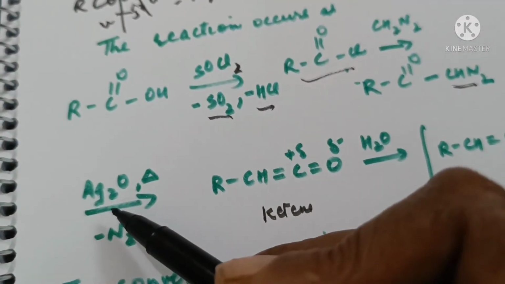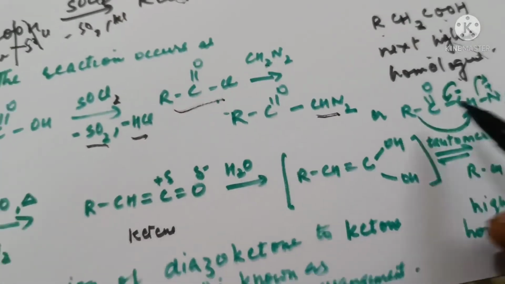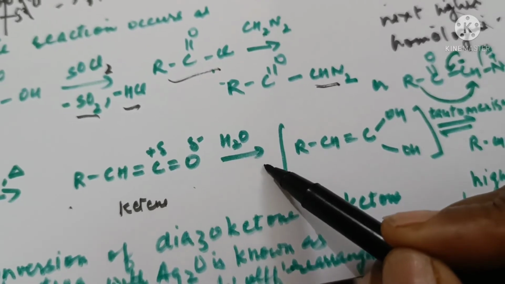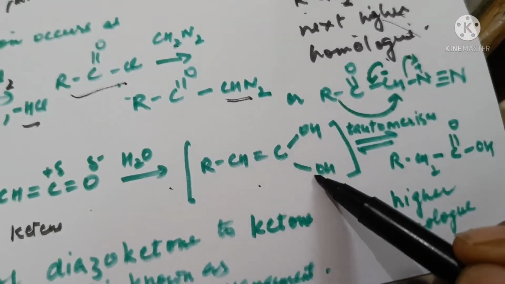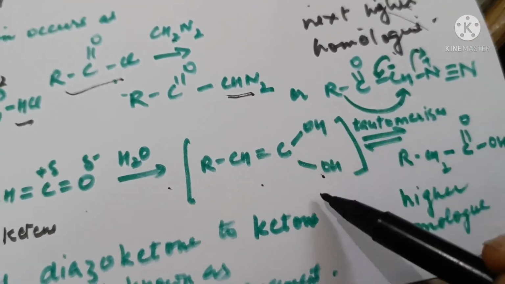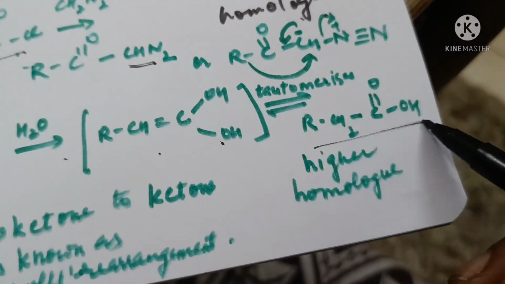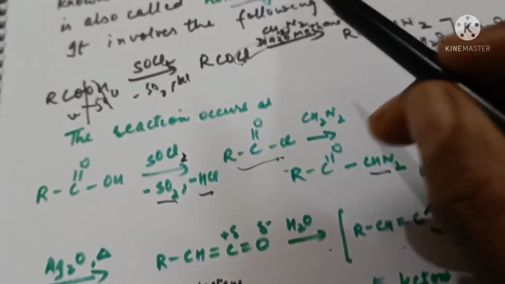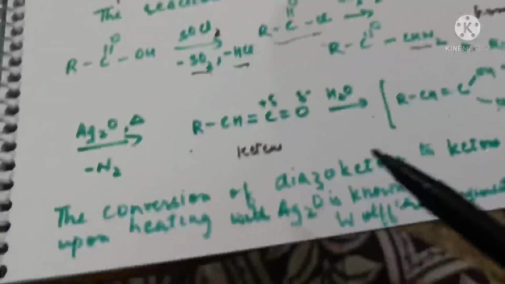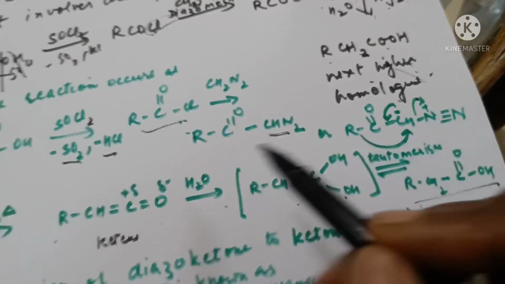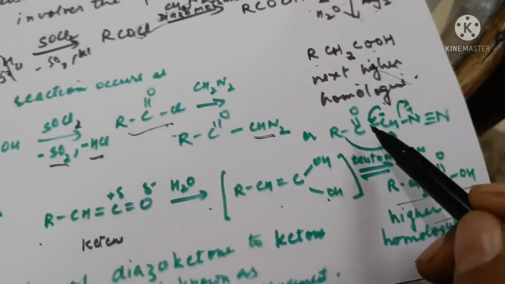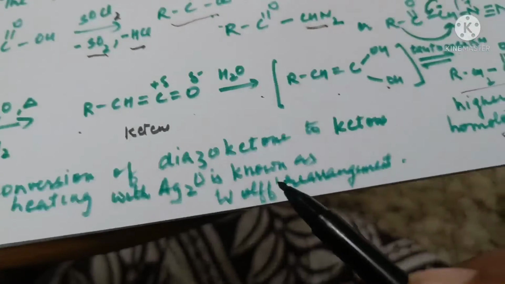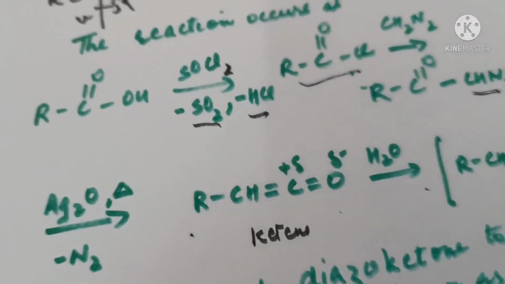This happens on reaction with silver oxide and this conversion is called the Wolff rearrangement. Then ketene on hydrolysis is going to form a dihydroxy compound, which tautomerizes to form the higher homologue. So overall, this reaction is the Arndt-Eistert reaction, and this migration or rearrangement is called the Wolff rearrangement.